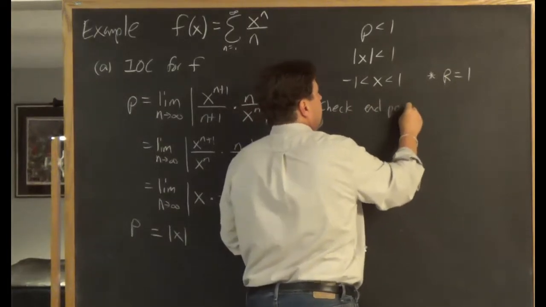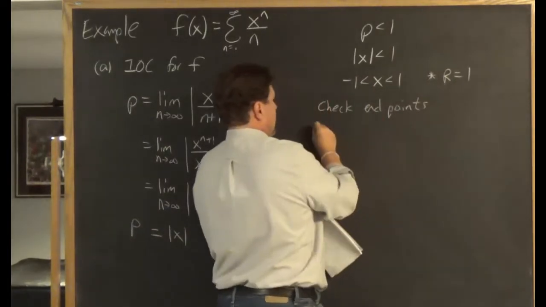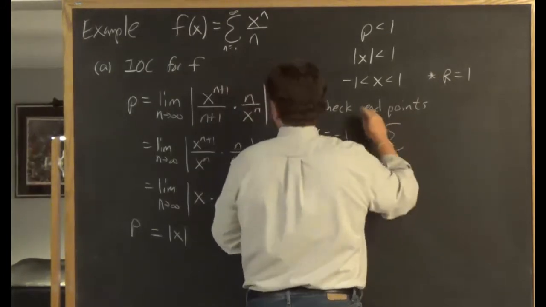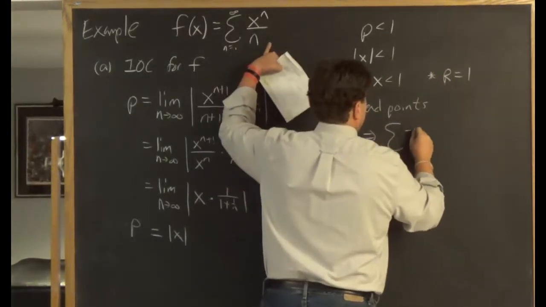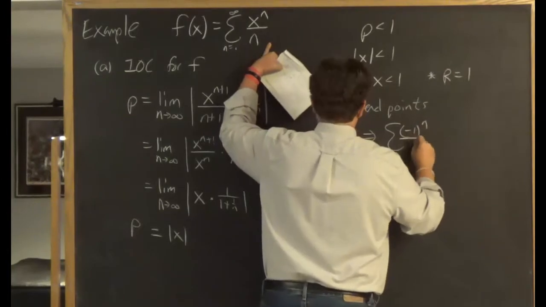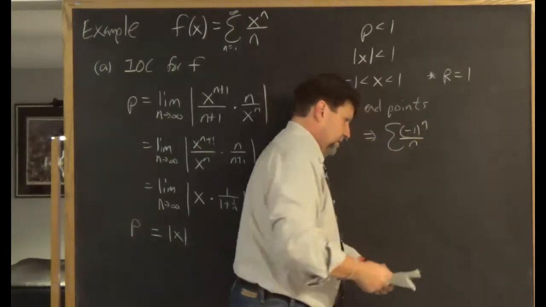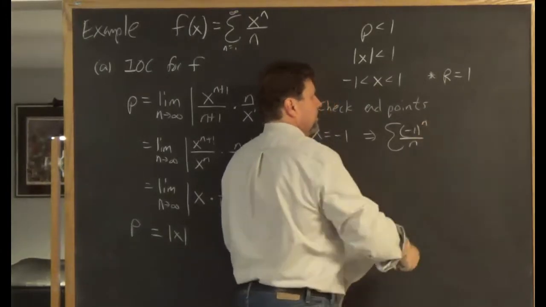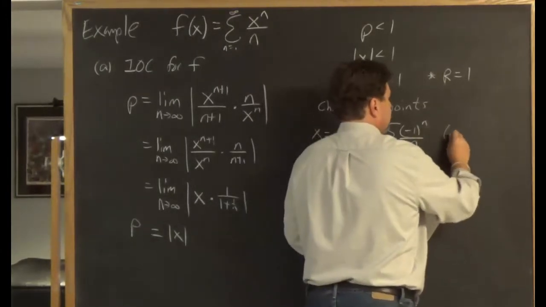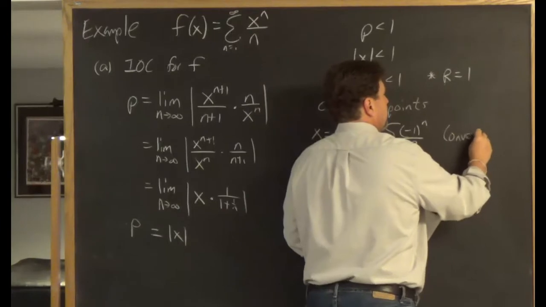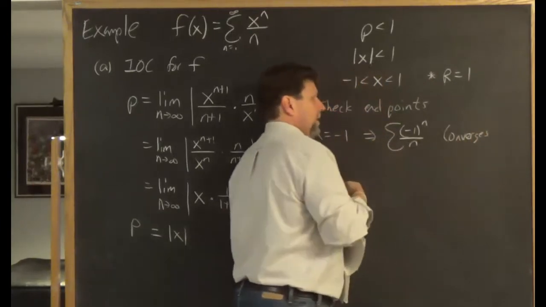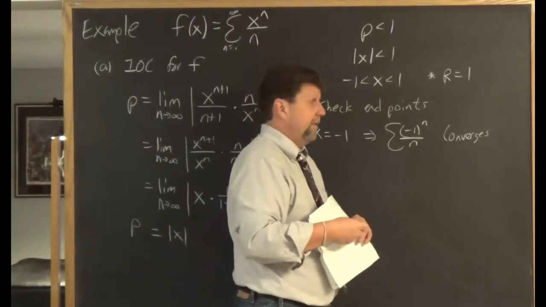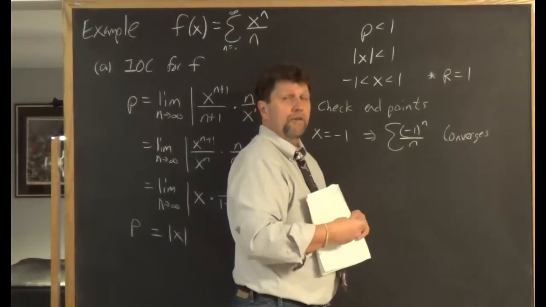And when you check these endpoints, when we check x is -1, that gives us the series -1 to the n over n. What do you think? Does that converge or diverge? That's right, it converges. Why does it converge? Well, you could say alternating series test, or you could say it converges because it's the alternating harmonic.